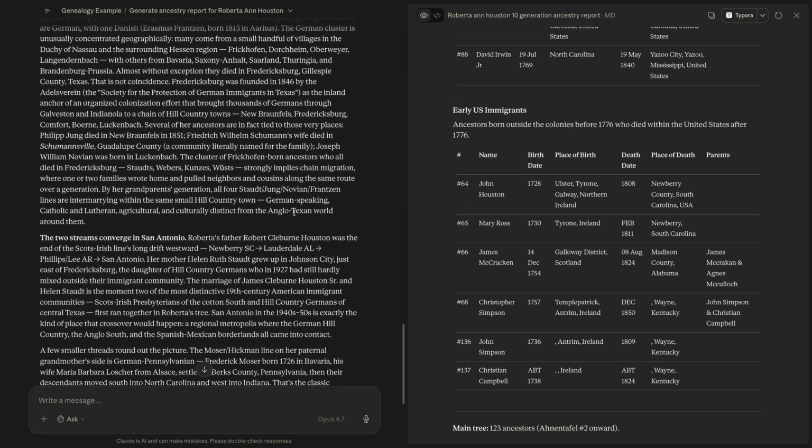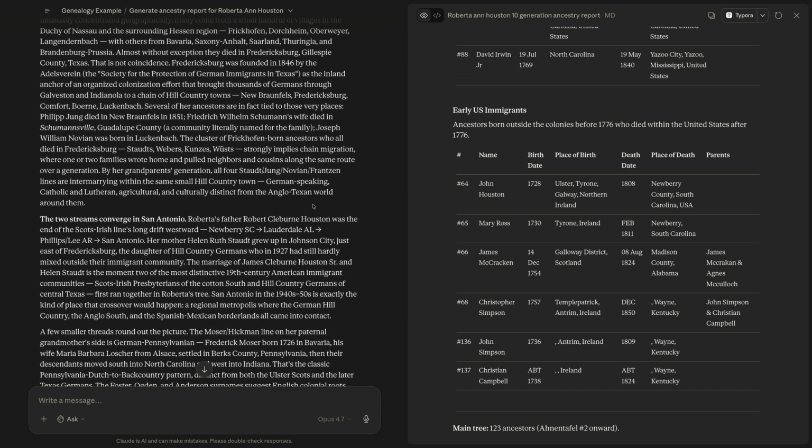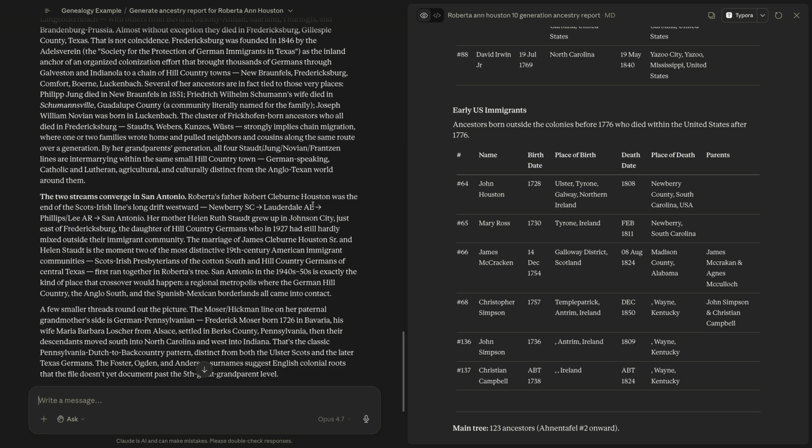The two streams converge in San Antonio. Roberta's father was the end of the Scots-Irish line, a long drift westward, and her mother was from Johnson City, just east of Fredericksburg, the daughter of Hill Country Germans, who had hardly mixed outside their immigrant community.